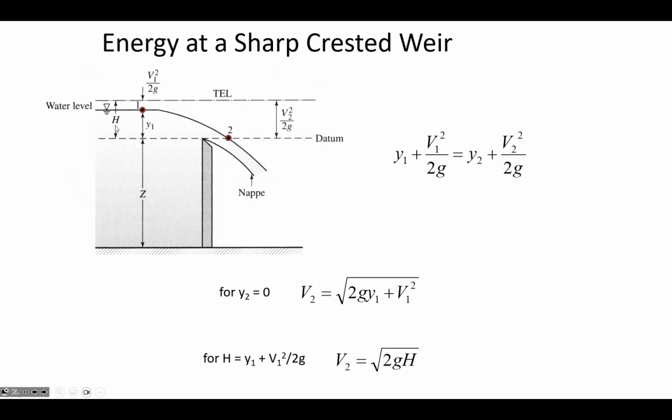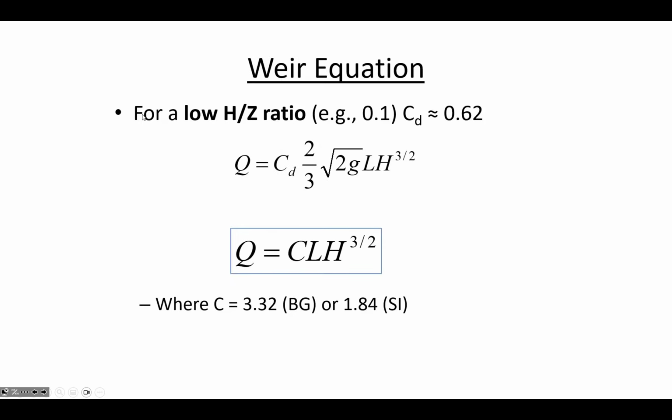And so sometimes when people are being a little bit fast and loose, they won't bother to calculate the velocity head, and they'll only measure the depth of the flow and put the depth of the flow into this formula. But more specifically, H should include the depth of the water plus the velocity head to be completely accurate.